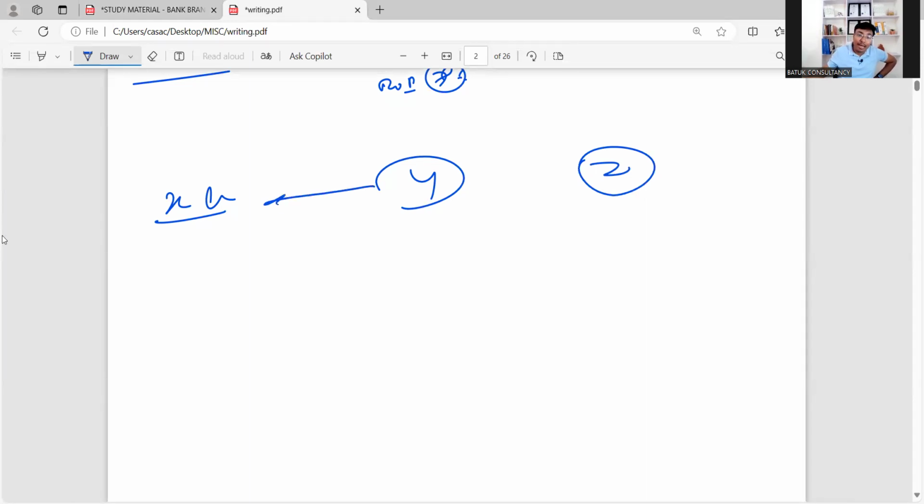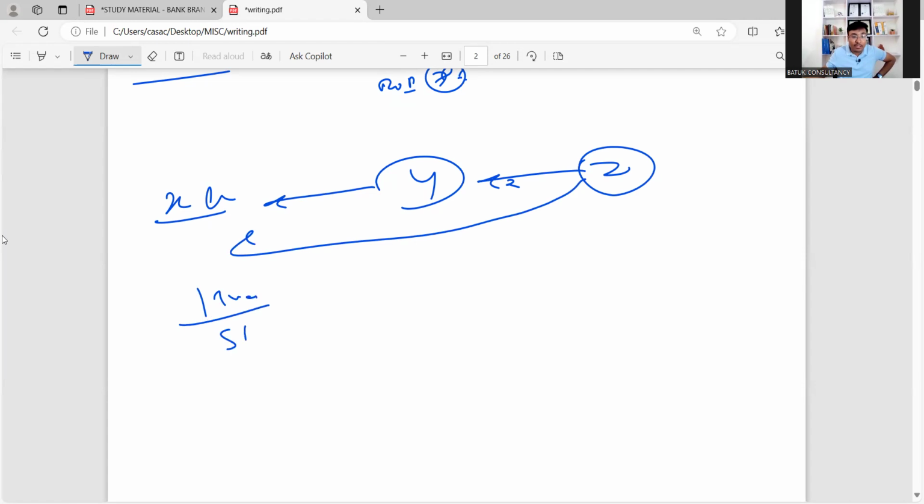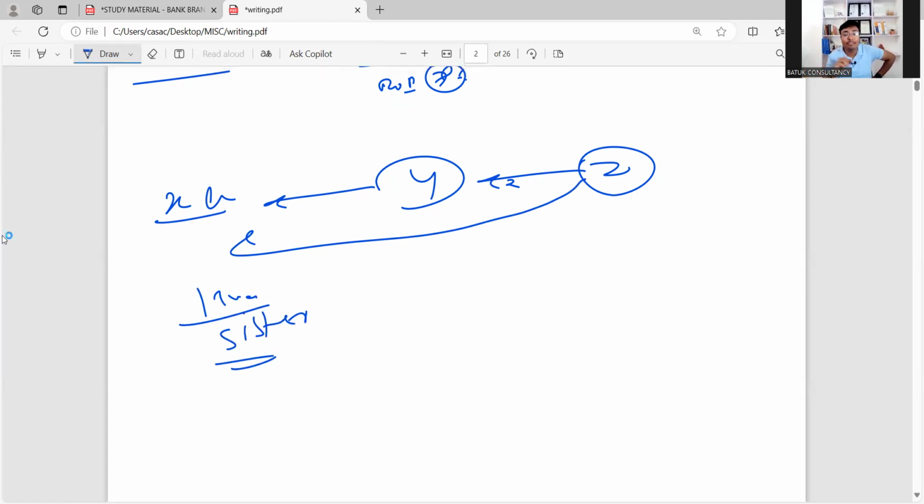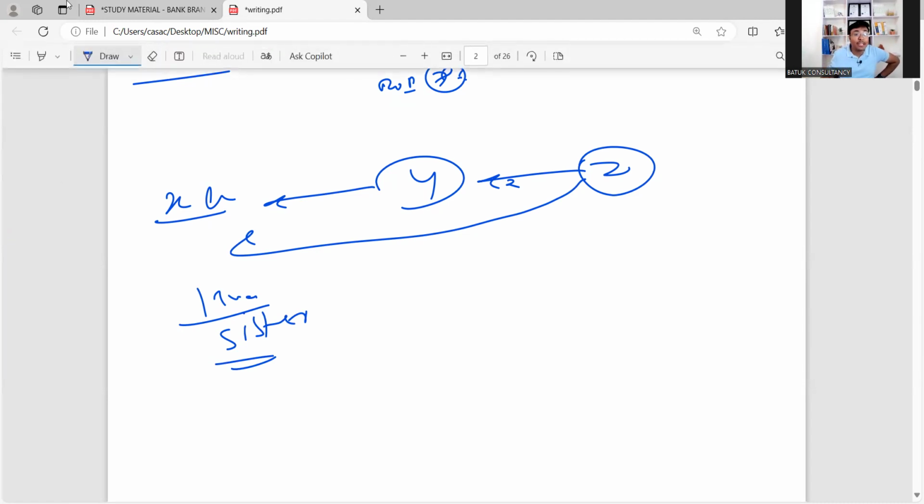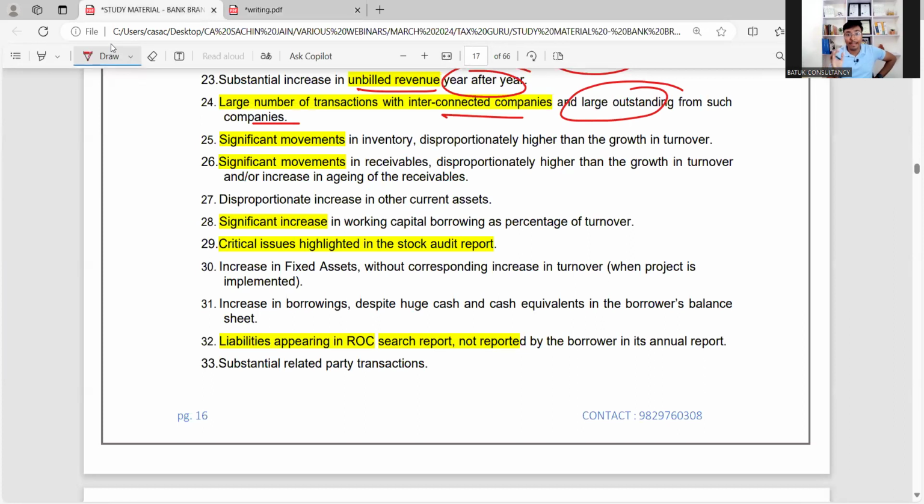X Limited is going to buy the goods from X, Y, and from Z. Okay, so in that case, the huge stock is only on account of the sister concern. So there may be chances of certain frauds. Okay, so we need to be very much careful about which person the inventories belong to, and through that we can analyze the situation.